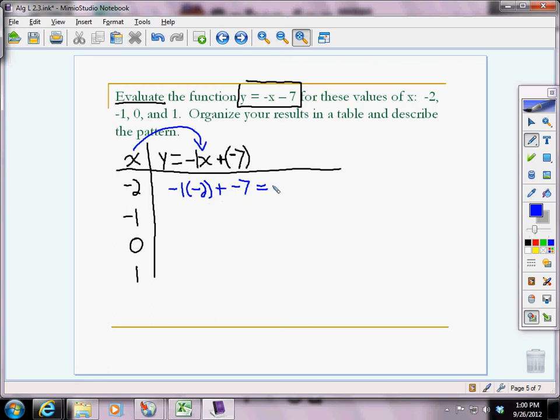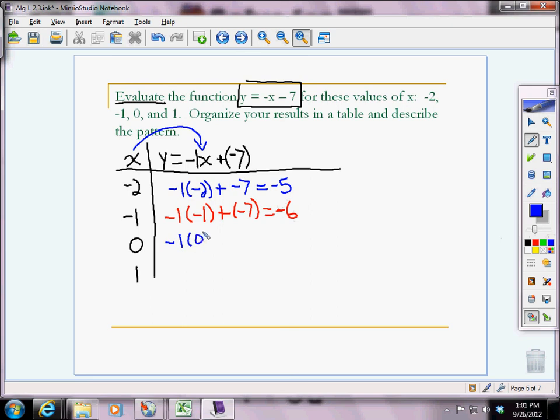Do the same thing for this one. Plug it in for x. So we have negative 1 times negative 1 plus a negative 7. Negative 1 times negative 1 is positive 1 plus a negative 7 is a negative 6. 0.